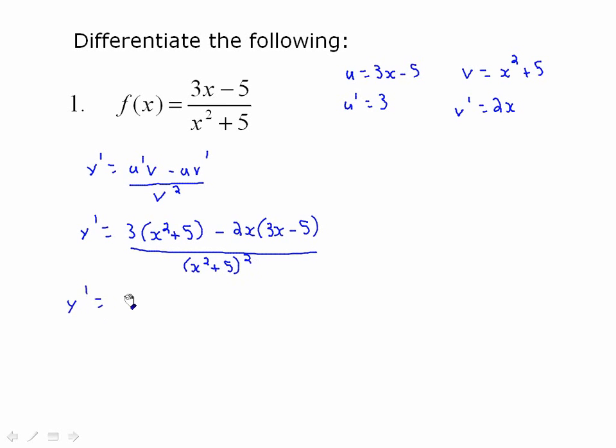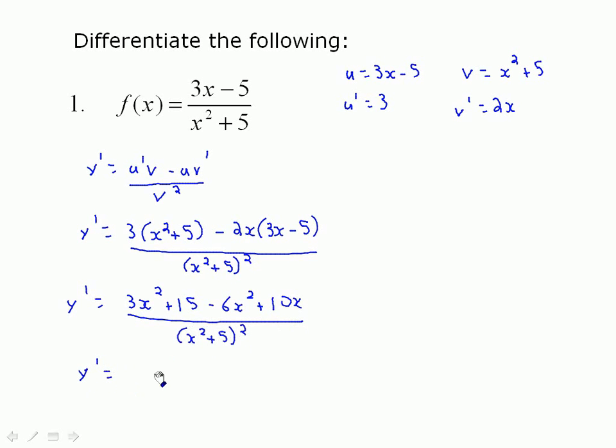Sadly, we will have to clean up that numerator in order to get like terms together. So 3x squared plus 15 minus 6x squared plus 10x, all over x squared plus 5 to the exponent of 2.